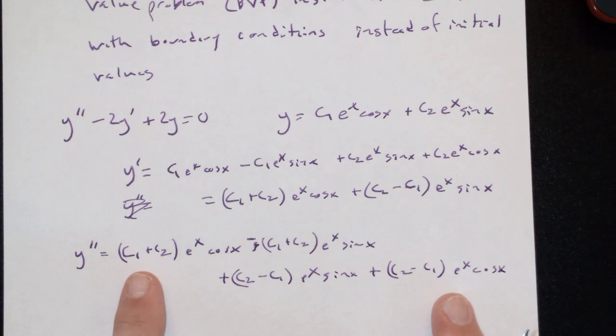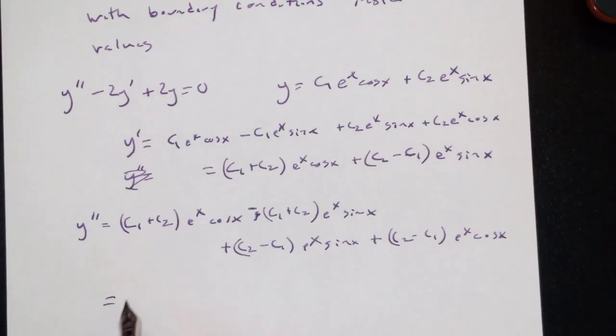These are my cosine pieces. What happens here when I combine those? What happens when I combine these? C1 plus C2, C2 minus C1, the C1s cancel. 2C2 e to the x cosine x.